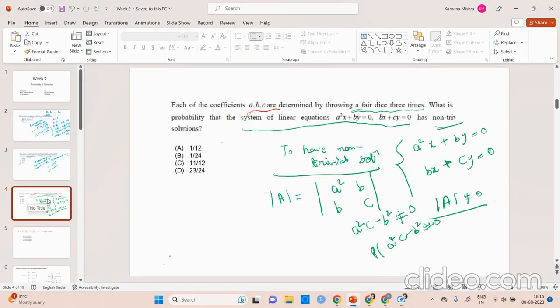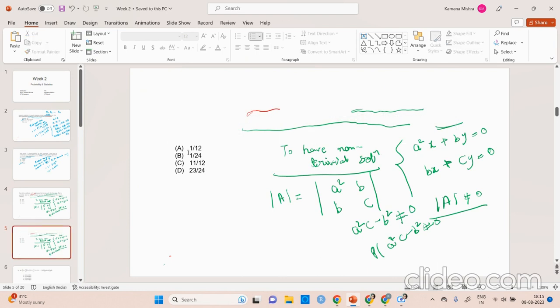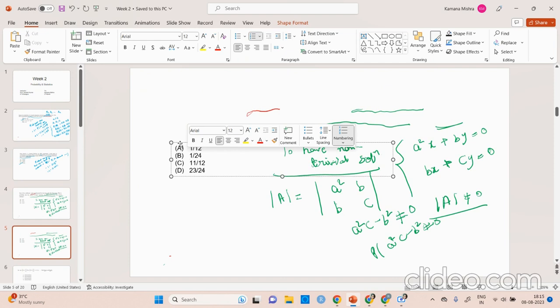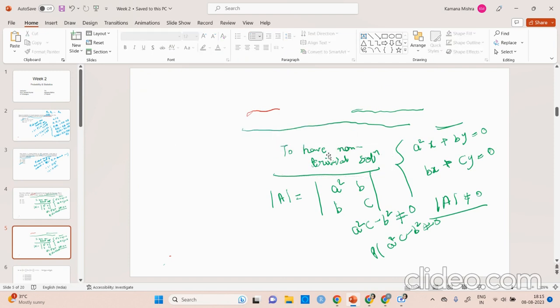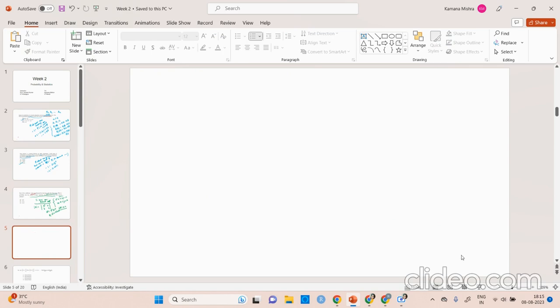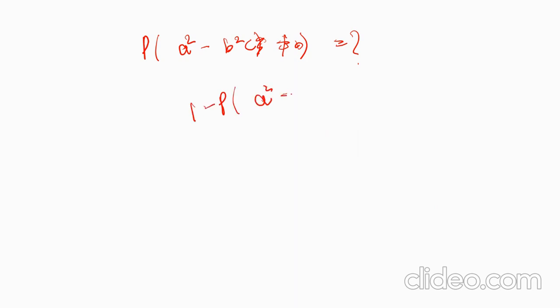So we want to find the probability that a square c minus b square is not equal to 0. What we do is find 1 minus the probability that a square c minus b square is equal to 0.